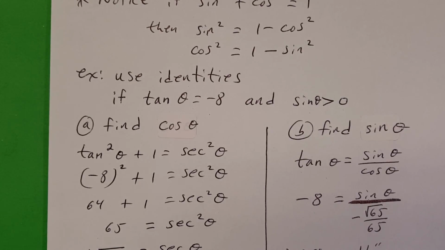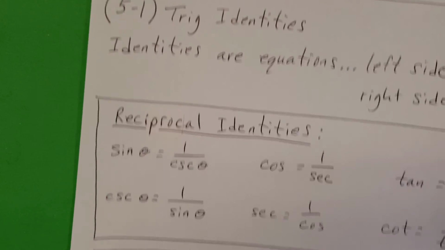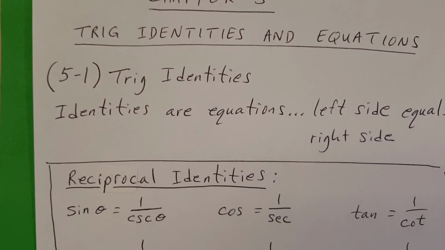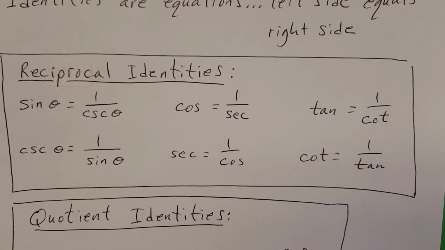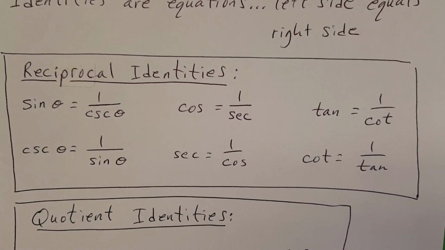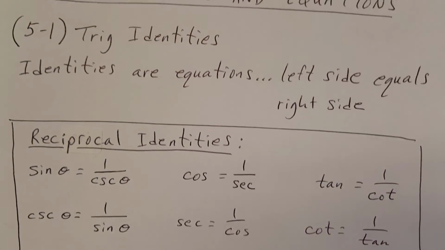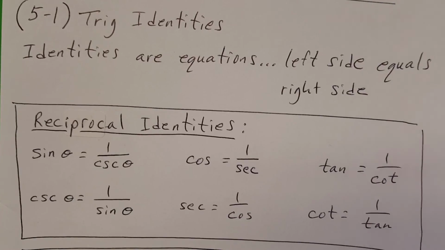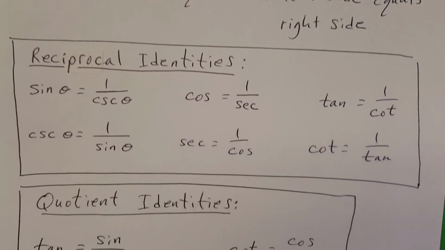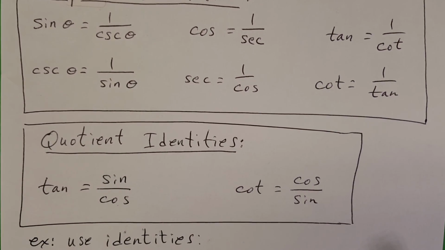So we started with talking about what an identity is, and we said that we already know some identities, the reciprocal identities. We've seen these before. And then we have more identities. There's 2 more called quotient identities.